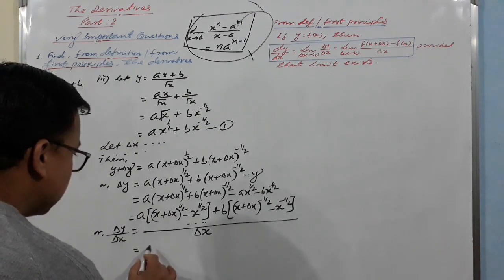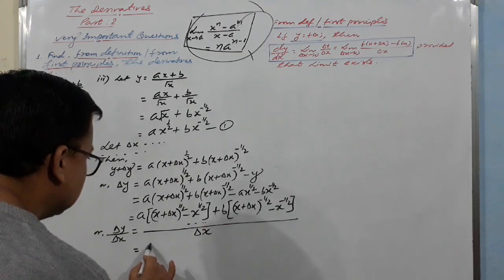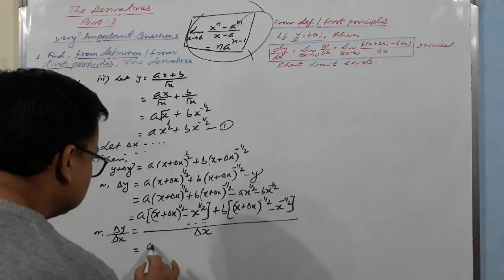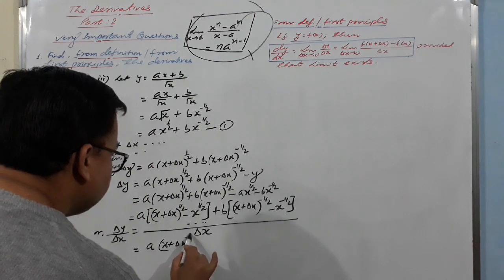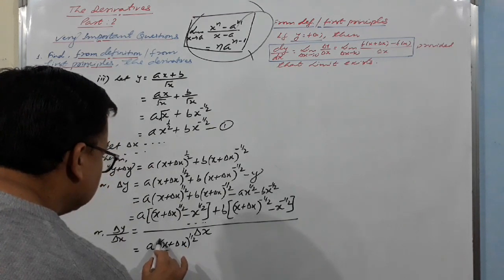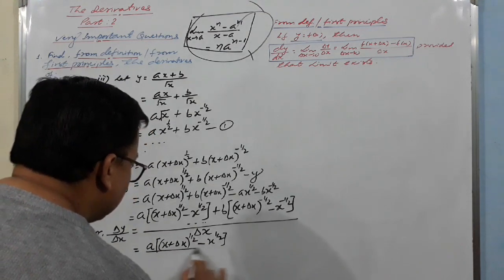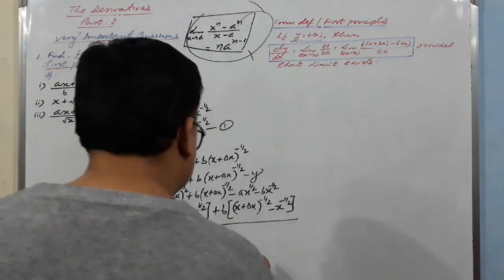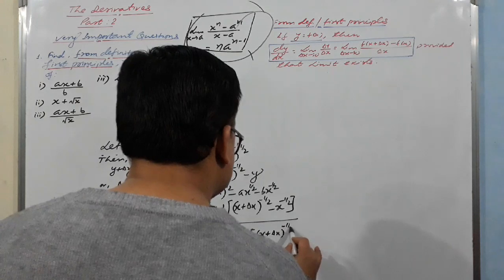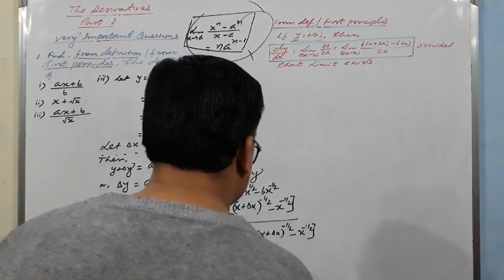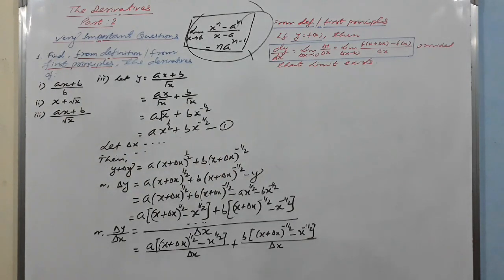Then thereafter you will write separately: a times (x plus delta x) to the power 1 by 2 minus x to the power 1 by 2, over delta x, plus b times (x plus delta x) to the power minus 1 by 2 minus x to the power minus 1 by 2, over delta x. This is the value of delta y by delta x.